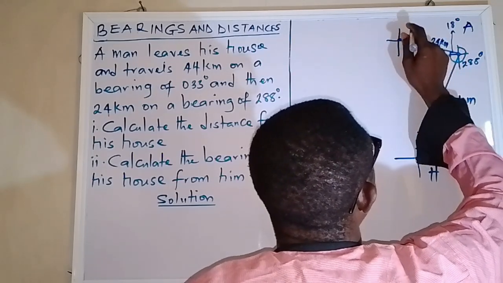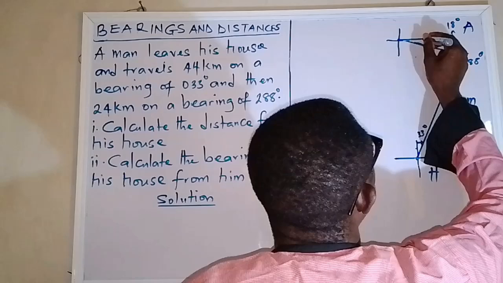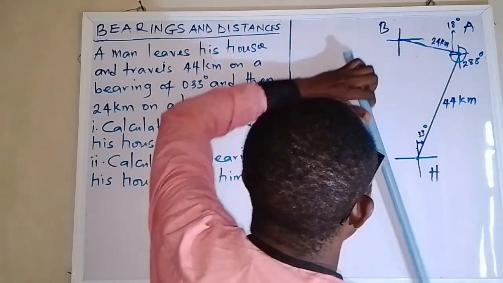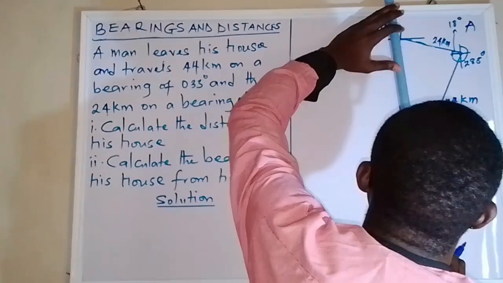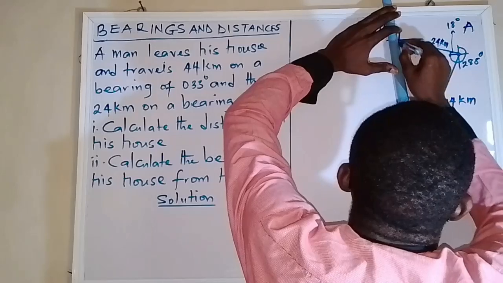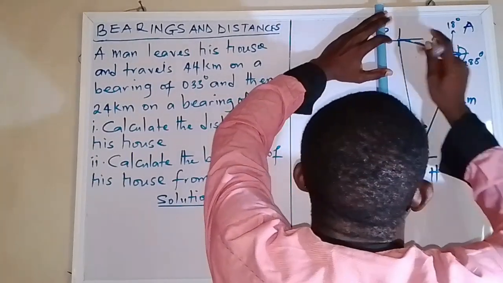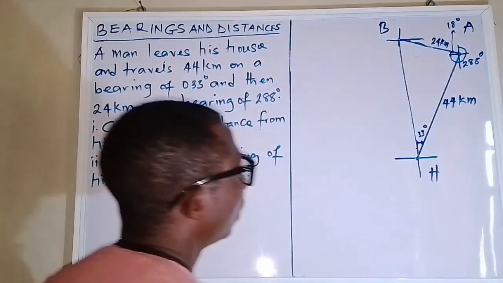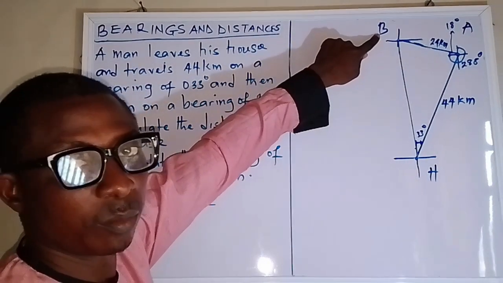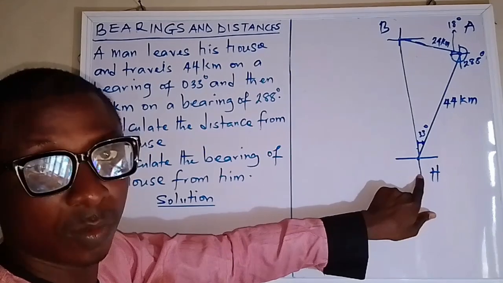Okay, so this is point B. So the distance of the man from his house, that's what we want to get.